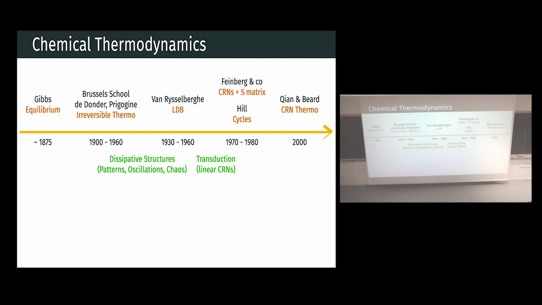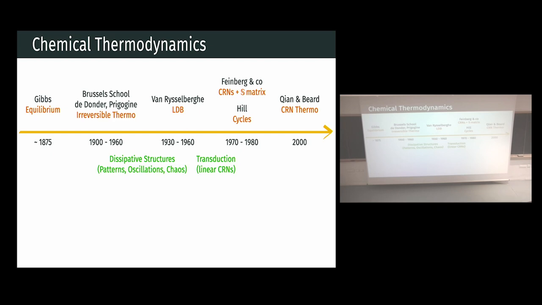And then, in the second half of the 20th century, mathematicians also came into play, starting to characterize these complex sets of reactions in terms of networks, and to characterize them with an object called the stoichiometric matrix that we are going to use as well. Of course, mathematicians were more interested in the dynamics of these networks, when they can create complex dynamics and when they just relax towards a steady state.